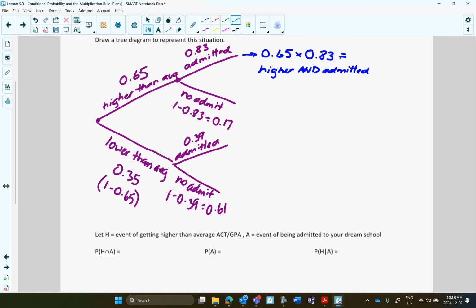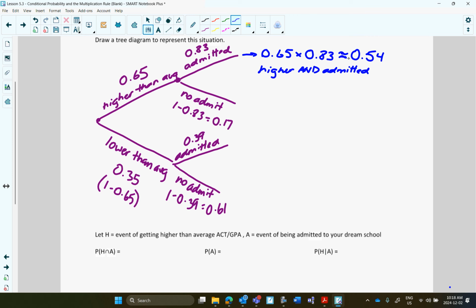I didn't fill out the numbers, so that would give us 0.65 times 0.83. I'm going to say approximately 0.54. And you can find all the other things.